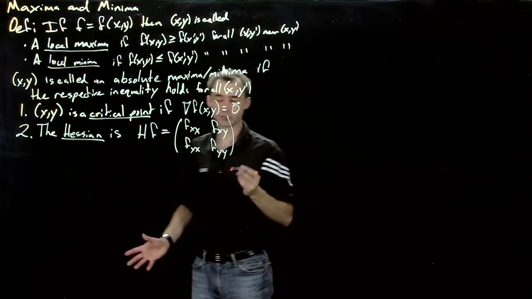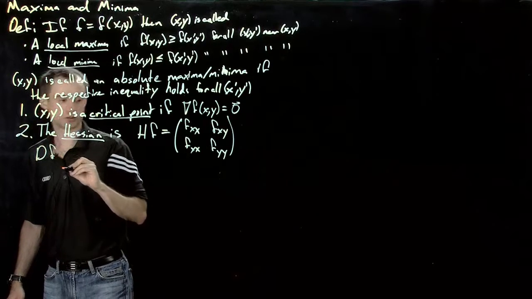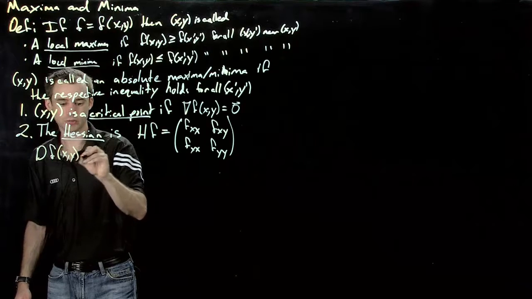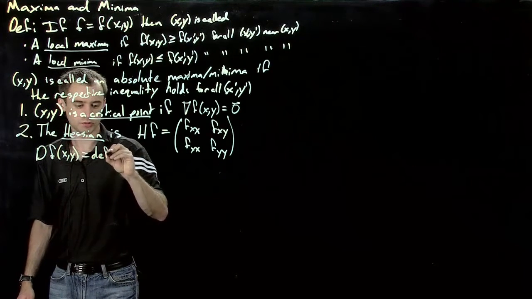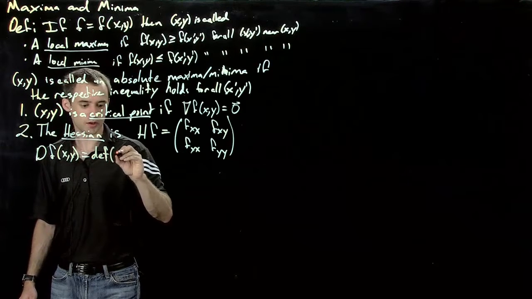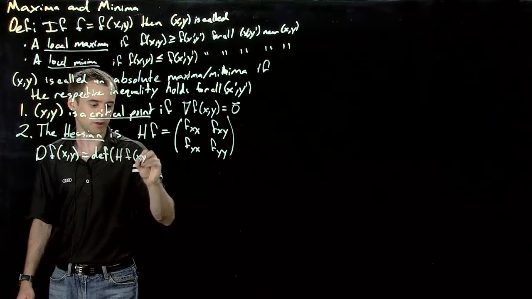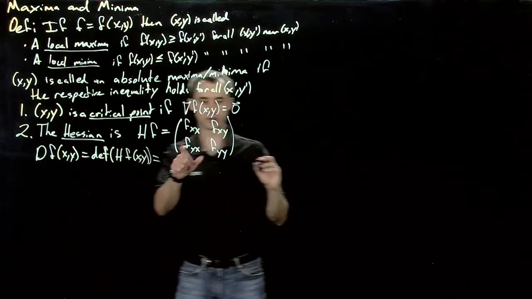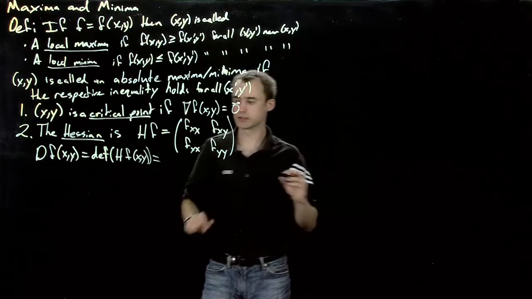Now we care about the determinant of this guy, so I'm going to write D of f for the determinant of the Hessian at the point (x,y). This is the determinant of H of f at (x,y), which is going to be these guys subtracted from these guys.